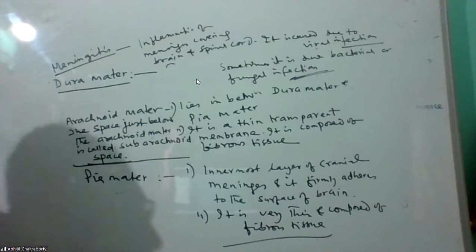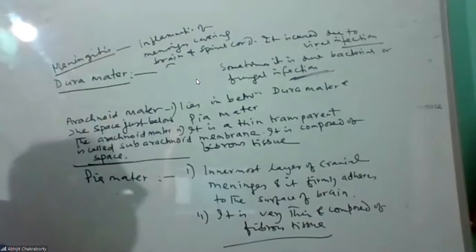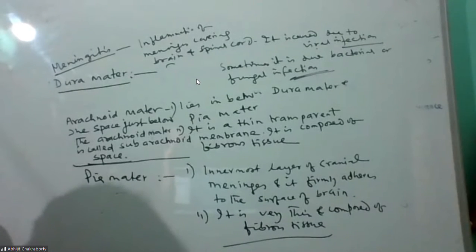Okay? The space just below the arachnoid mater is called subarachnoid space.